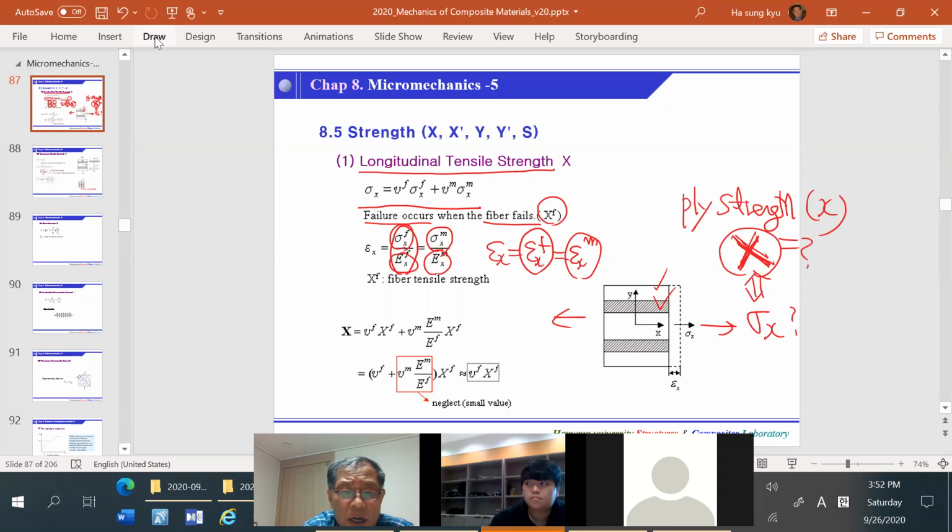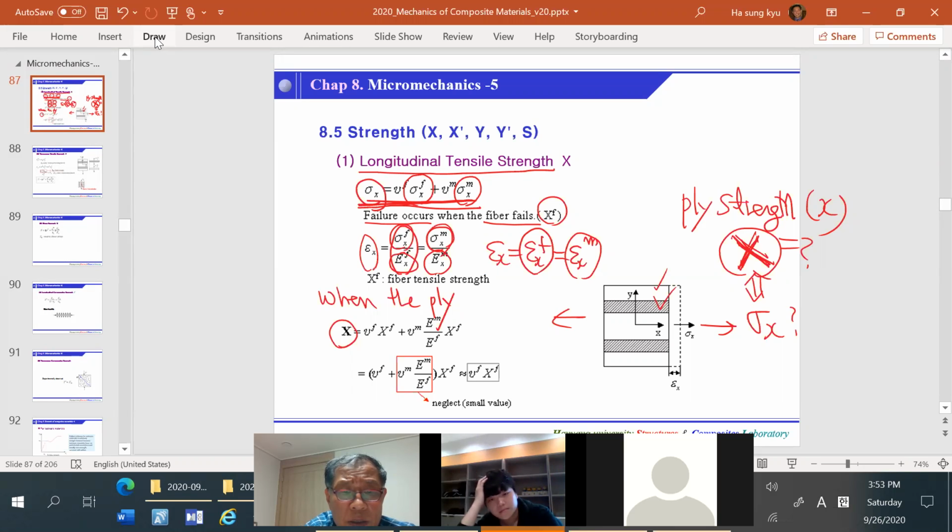So if we use this one, when the ply fails, sigma x will reach a certain strength which we want to derive, and then this is the fiber directional strength, and the matrix directional stress will be here.